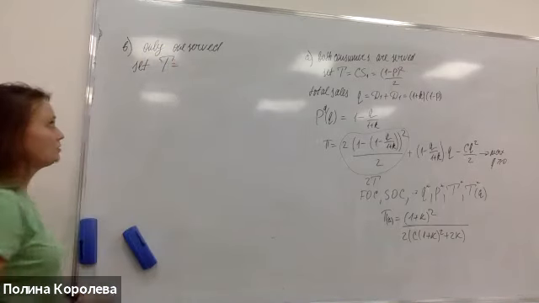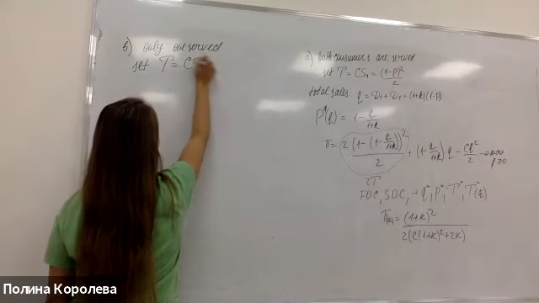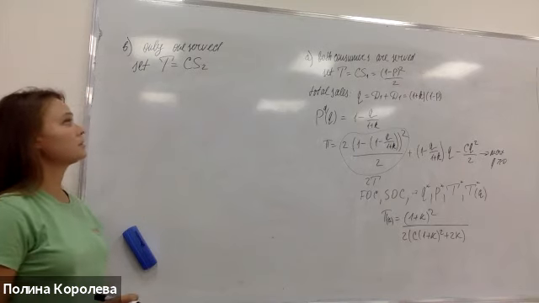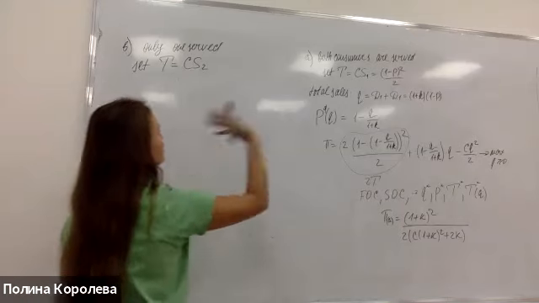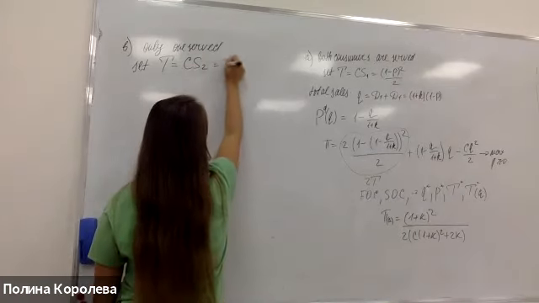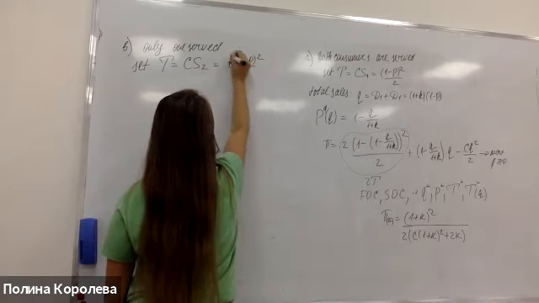Our entry fee will be how much? It will be the consumer surplus of the second consumer. Why? Because he wants more. And only this consumer will enter the market and pay such a big entry fee. This will be k, (1 minus p) squared divided by 2.